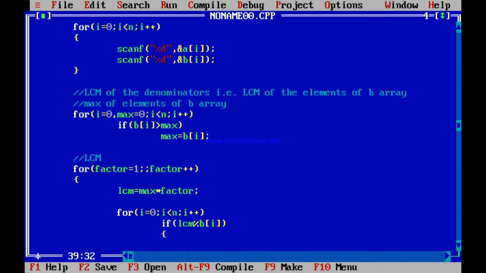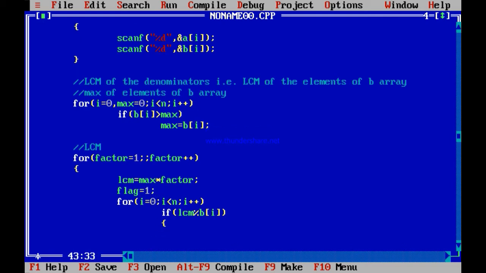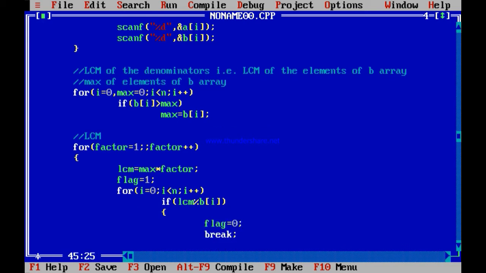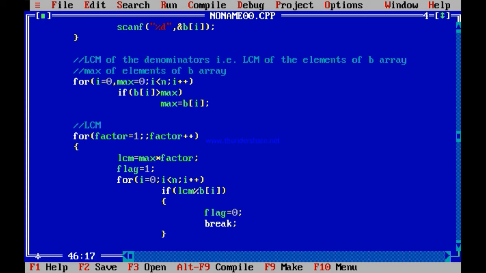So let us initialize a flag at the beginning, make it 1. If it is not divisible, I immediately understand this is not the LCM. I make flag equal to 0 and break out. If you come out of this inner for loop with flag equal to 0, you know that you have not got the LCM, you should continue.